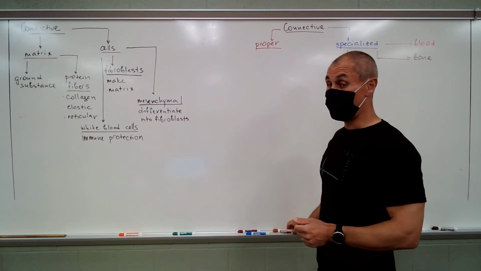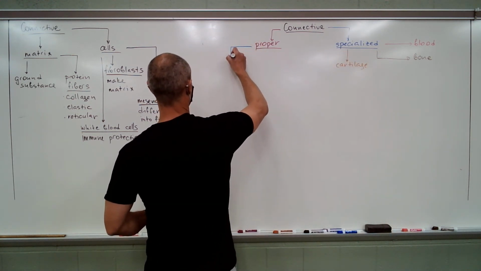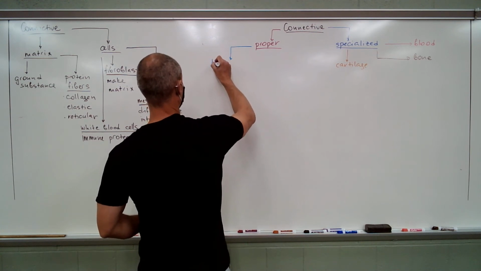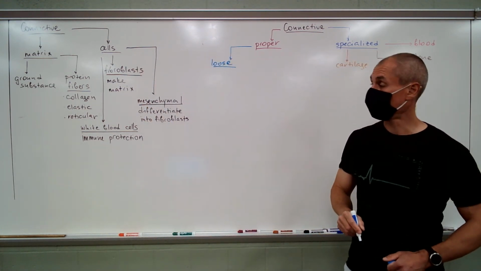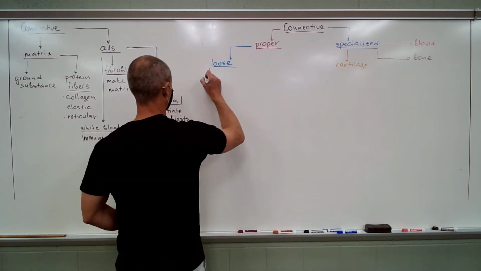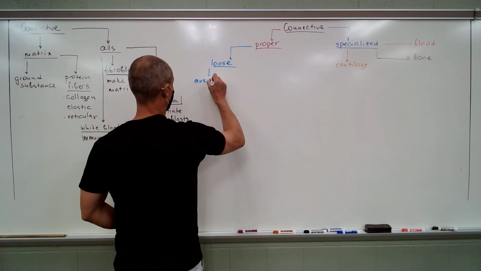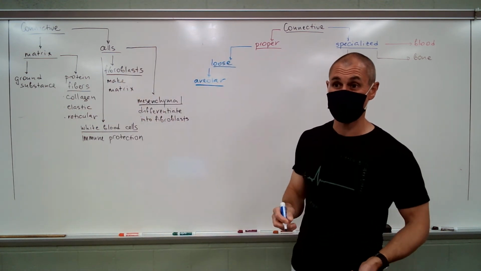Let's start with the proper one. So, proper connective tissue can be loose. And in the loose, there are three types. First one is areolar. This is kind of a jack of all trades.